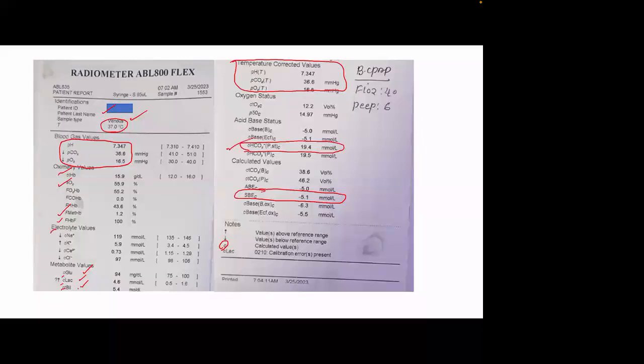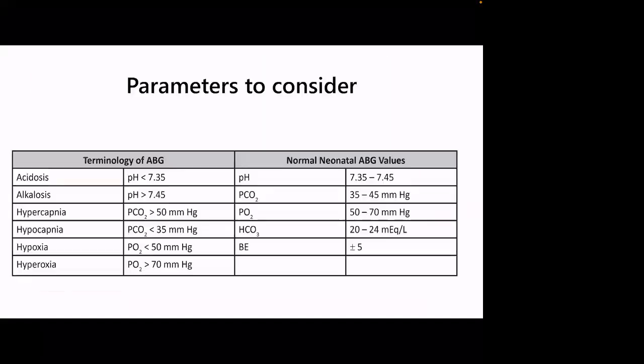And some can have electrolyte values also. Some will be calculated values, and others can be directly measured also. And we can write the patient's status, or what respiratory support the patient is having at the time of the blood sampling.